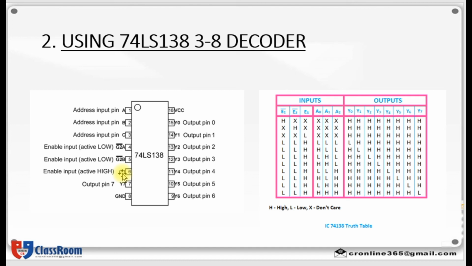Now you can see the truth table of the 74LS138 decoder. Here you can see other pins, VCC and ground; the remaining we have all discussed.